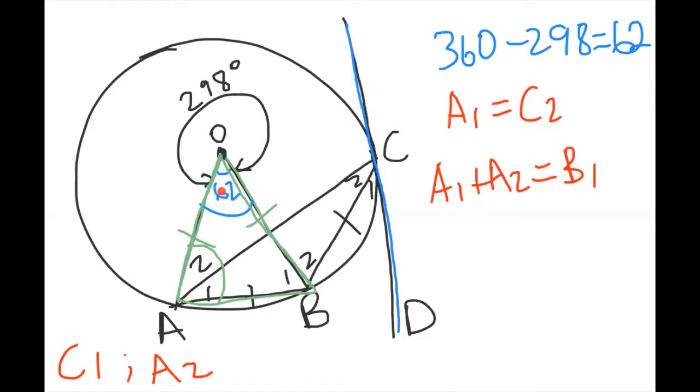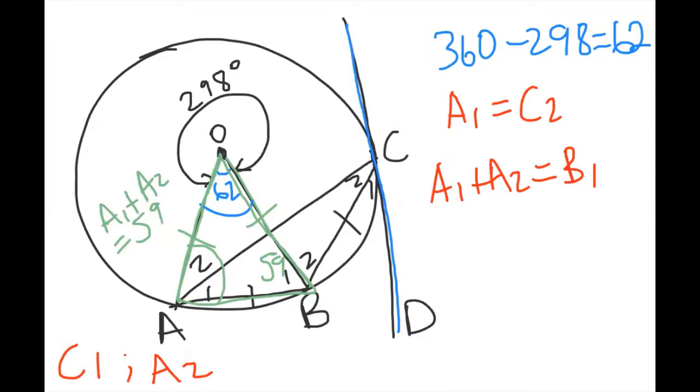So if you just take the insides of the triangle, then you have 180 minus 62 divided by 2, which is 59. So you will have B1 equals 59, and this whole A, which is A1 plus A2, equals 59.